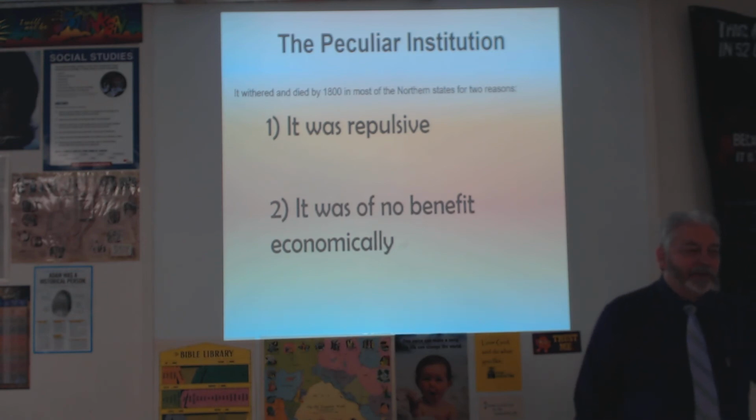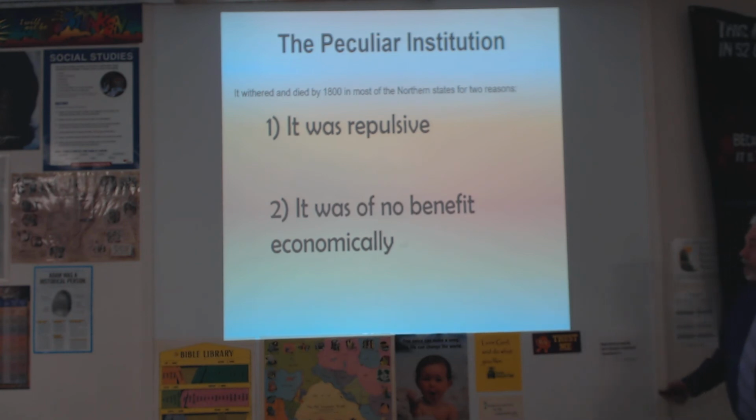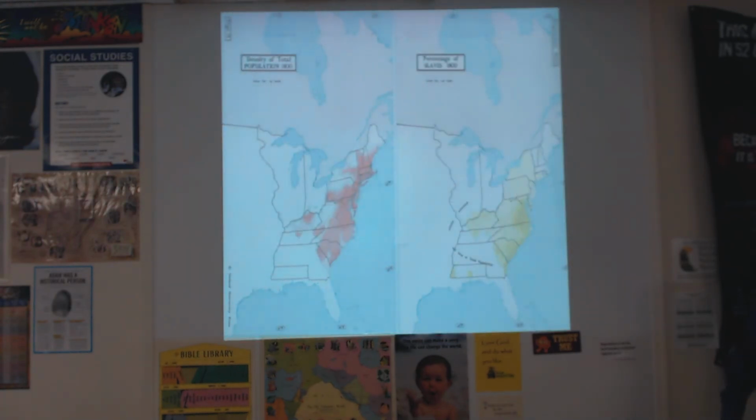Well, who made the money off of bringing them there? You see why it's a little bit hypocritical maybe. All right, so it was of no benefit economically, and that led, I think, to it being looked at as repulsive.